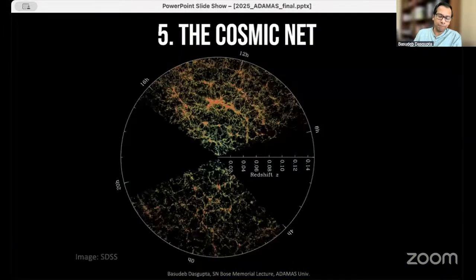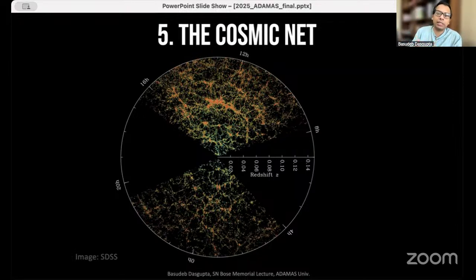And finally, we can observe the positions of galaxies around us and plot them. And this is what it shows. In the structure of these galaxies, you will see that there are particular distances over which, if you take a little matchstick of a given size and move it everywhere in this picture, you will find that for a particular size of this matchstick, you are much more likely to find galaxies on both ends of it.